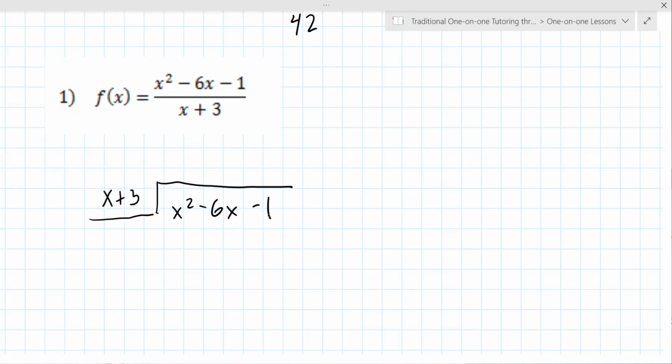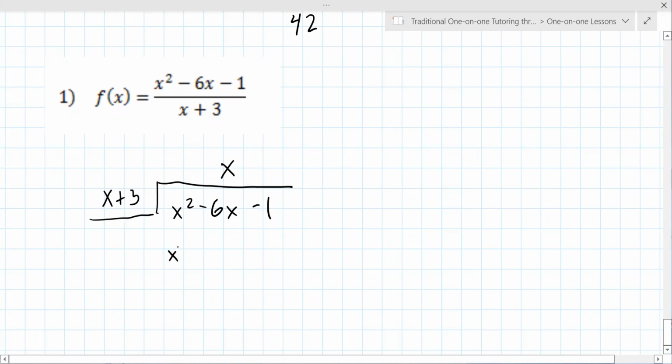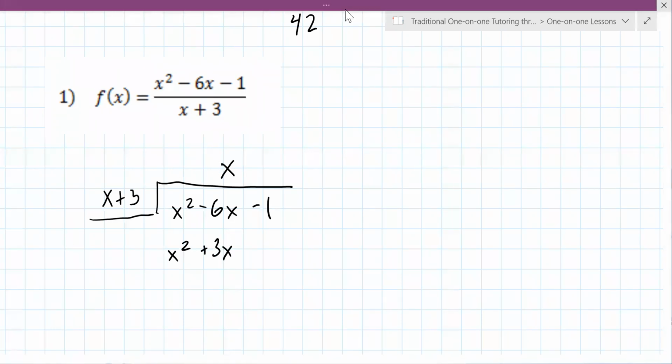I got x. I think x plus or minus 12. I think minus. Okay, so let's put an x here. You multiply each of them by x: x times x, you get x squared. The x up above times the 3, so that's plus 3x. But then you change the signs.